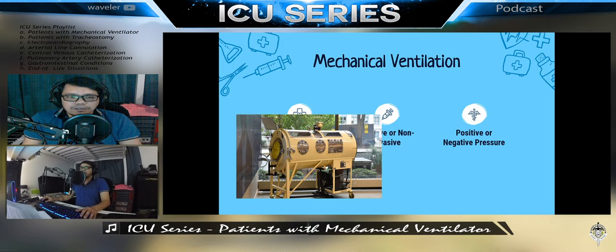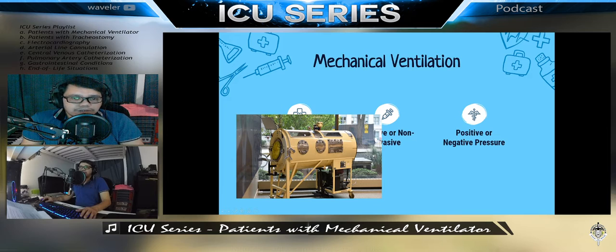iron lung. This machine uses negative pressure in helping patients to breathe because during those times, especially in the mid 1900s, there was an outbreak of polio. When a patient has severe polio, it affects their muscles, including the muscles for breathing. So this machine helps them to breathe.